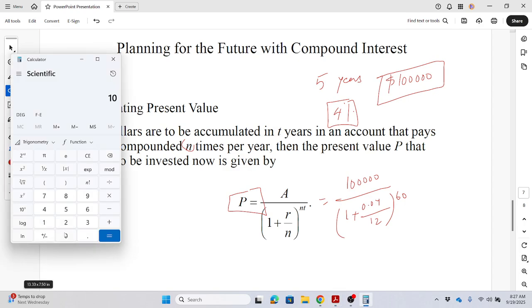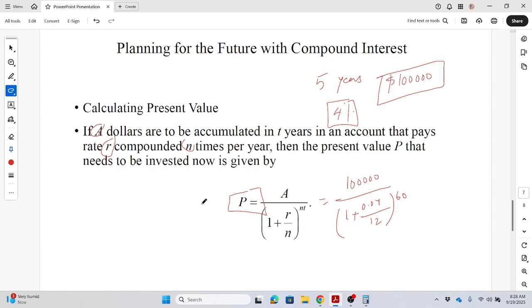Type 100,000 divided by parenthesis 1 plus 0.04 divided by 12 parenthesis close, power 60. If you hit enter, that means you need to invest $81,900 today to make $100,000 in 5 years with this package.